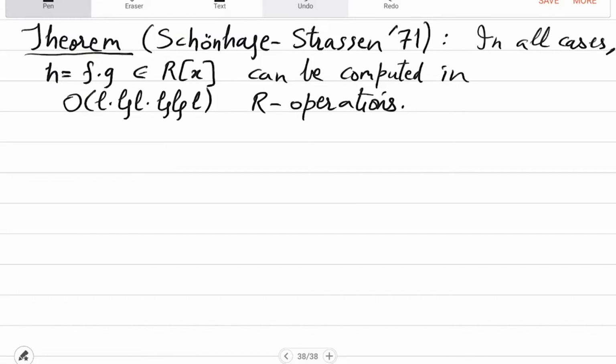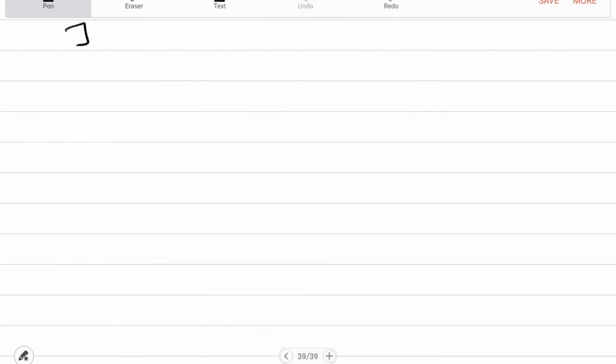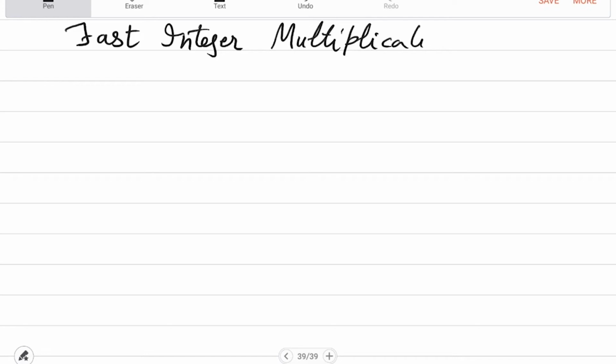Okay, so any questions? If not, then we'll start a new topic, which is how to use this machinery, and this is a pretty big machinery, to multiply numbers. Now this fast integer multiplication is an evergreen area.